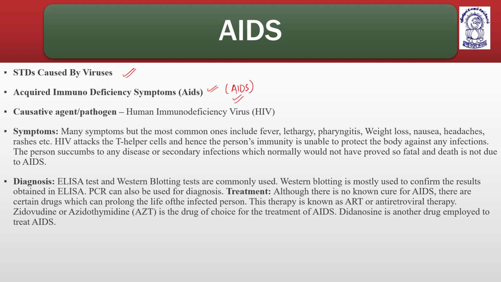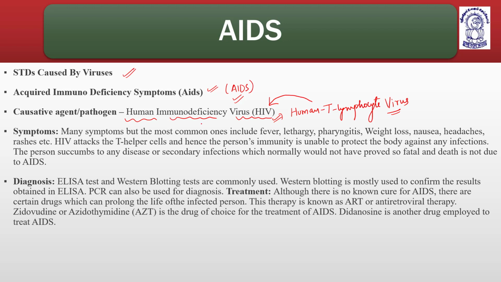Acquired immunodeficiency syndrome is caused by a group of viruses known as human T lymphocyte virus, and that virus has many strains, which is why after many years it was revised to be known as human immunodeficiency virus.